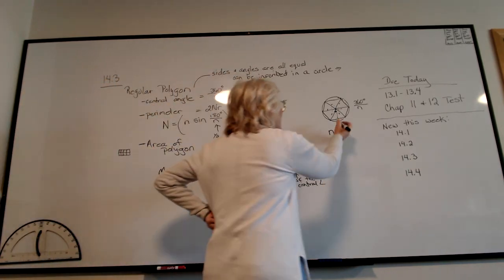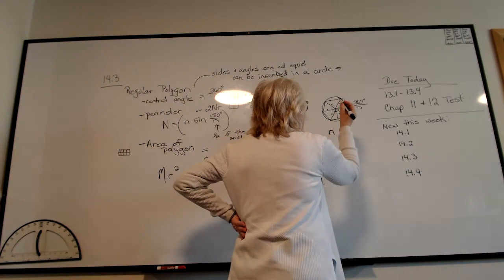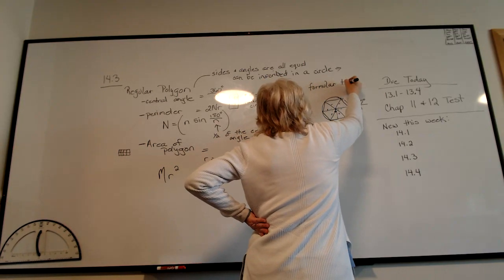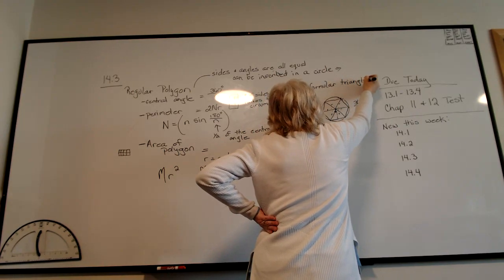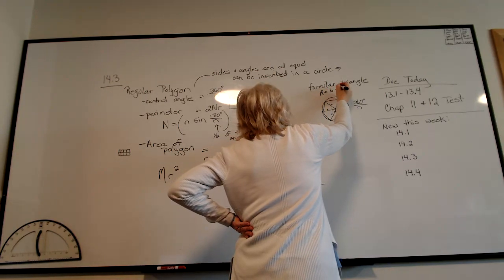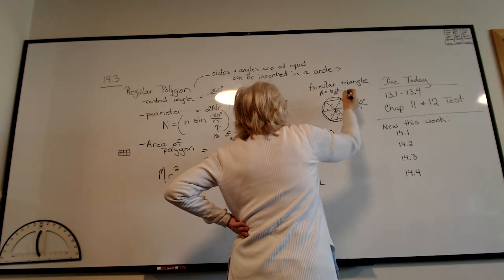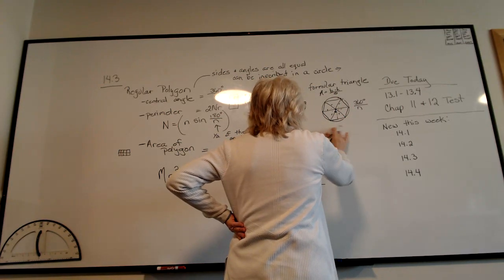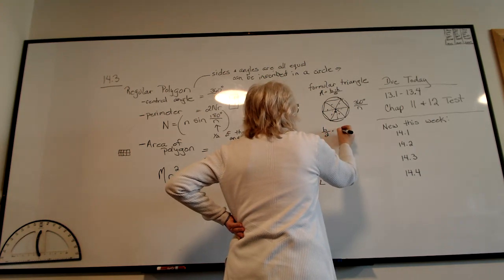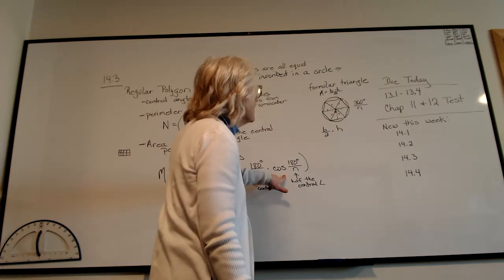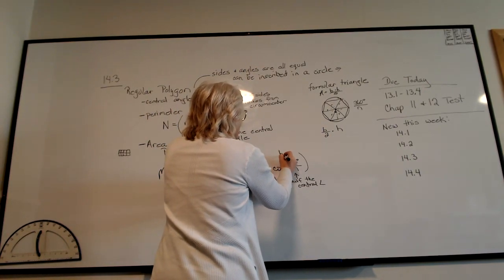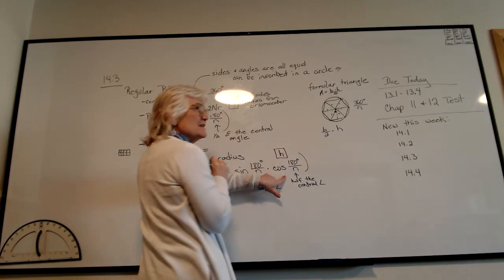The reason I only have to get half of this angle is because my formula for the area of a triangle is the base times the height divided by 2. So cosine is actually your height.